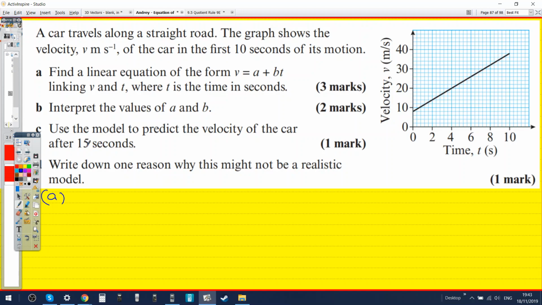420 and 831. Are you sure it's 31? 32. Yeah.